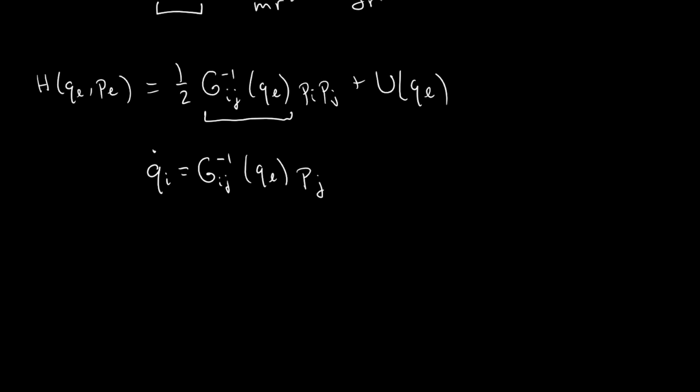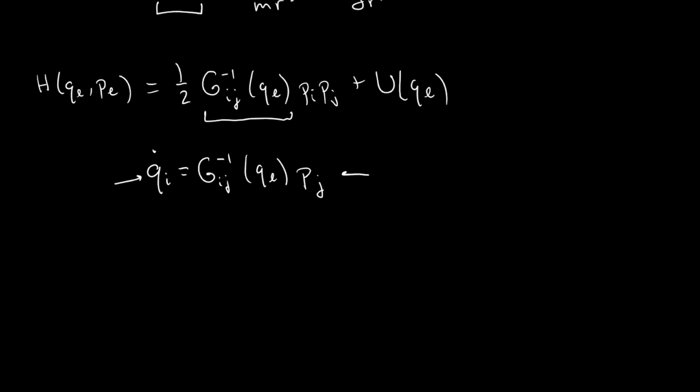Now we know how q dot transforms. We know how p_j transforms, so we should be able to find out how G inverse transforms just by requiring that the left-hand side of this equation and the right-hand side of this equation transform in the same way.